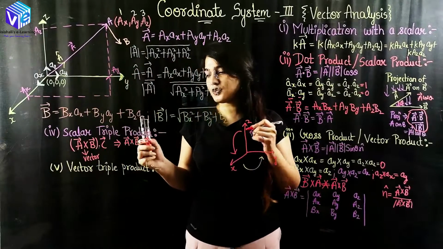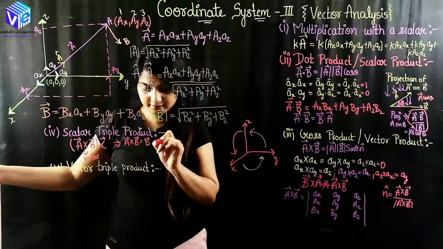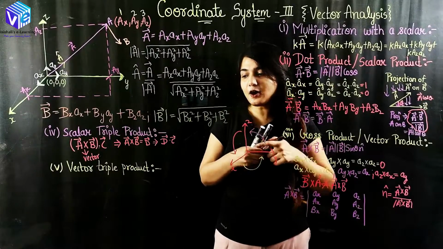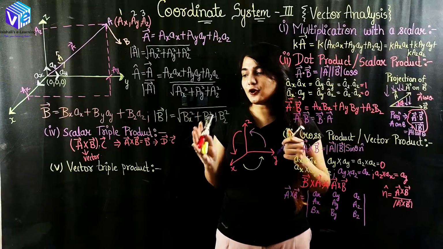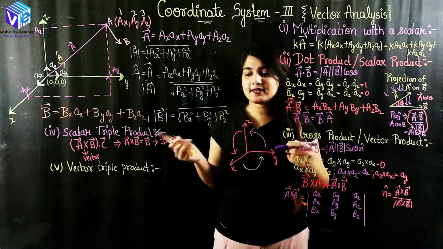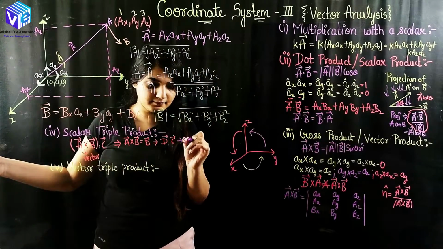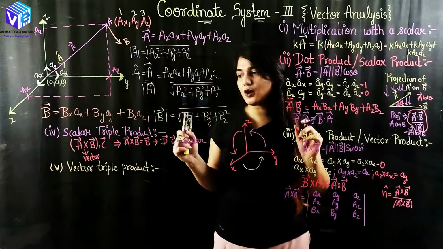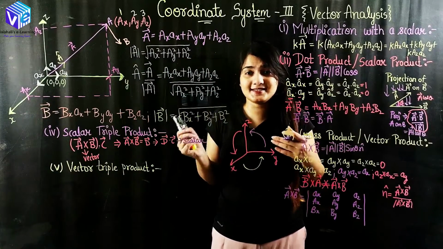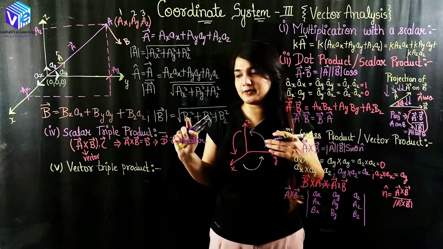So now let's suppose A cross B is equal to D vector. So what am I left with? D vector dot C vector. Now D vector is having the dot product with the C vector, so D vector dot C vector will be giving me a scalar. This is how the scalar triple product is giving me the scalar output, and this is why its name is scalar triple product.